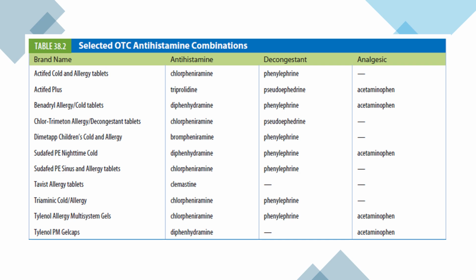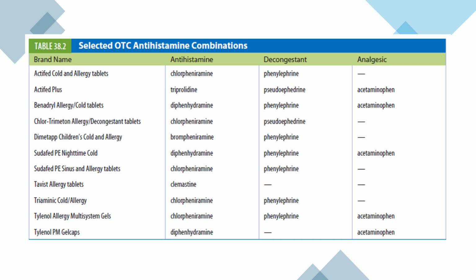We also have combination of different medications together with your antihistamine, such as the combination of antihistamine, decongestants, and analgesics, wherein different brands such as Benadryl allergy and cold tablets will have diphenhydramine, phenylephrine, and acetaminophen.